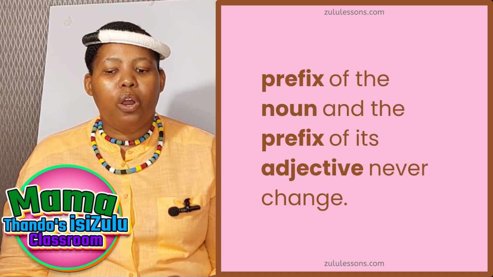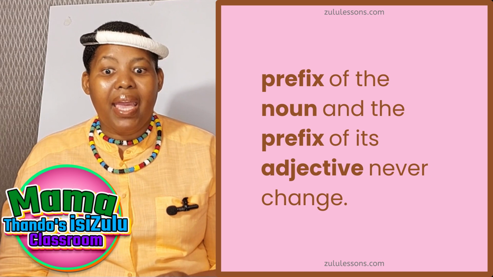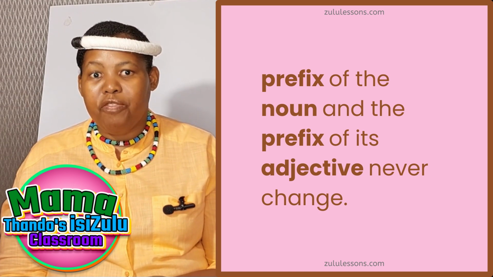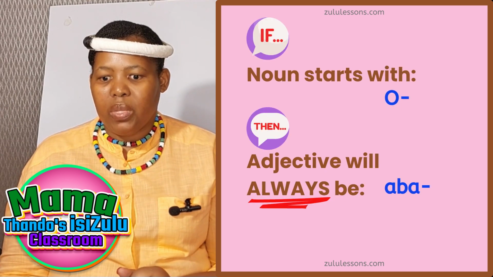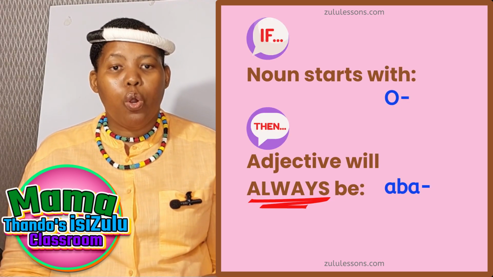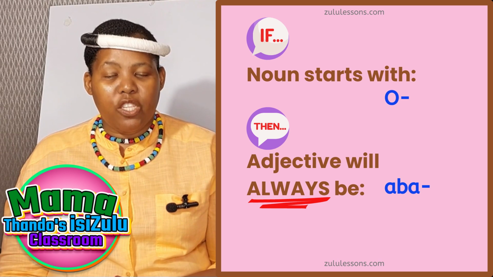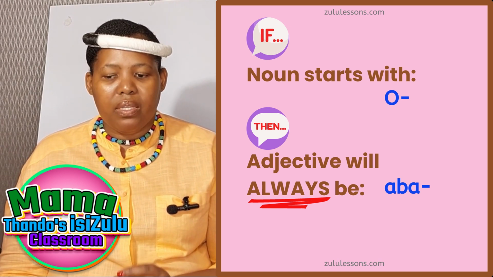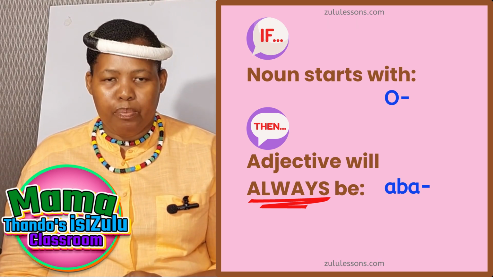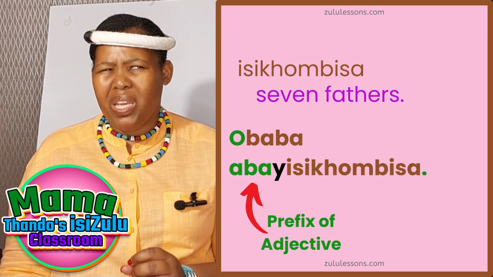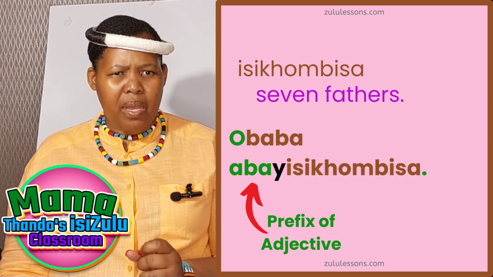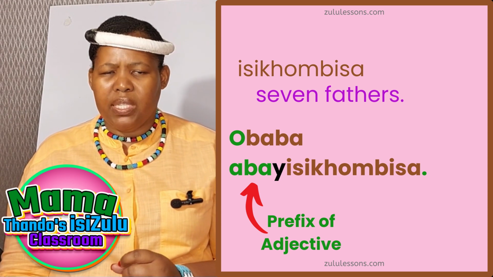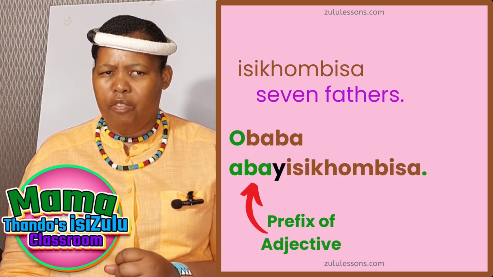The prefix of the noun and the prefix of its adjective never ever change. If a word starts with o, its adjective will always start with aba. But now we've spoken of obaba, we've spoken of aba, and we've spoken of the actual number, isikhombisa, 7.